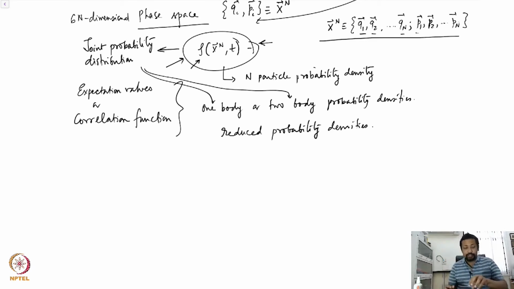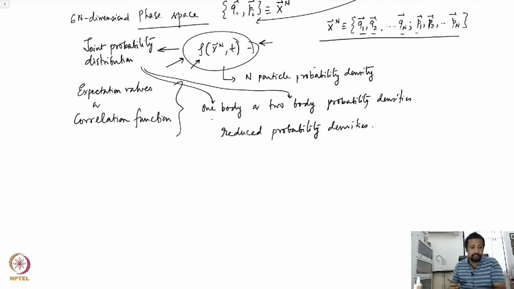So essentially, one breaks down this problem into one body or two body probability densities. There is a hierarchy of probability densities: one particle density, two particle density, three particle densities, and so on. So you take the dynamical equation for rho of x_N comma t, and then you break it down into several dynamical equations that involve one particle, two particle, three particle reduced probability densities.